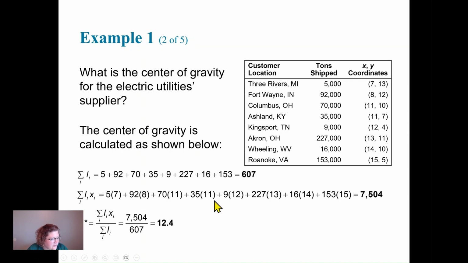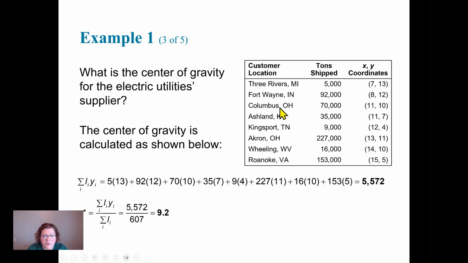We continue that for all of our different customer locations, and then we ultimately sum those together at the end, 7,504. We'll then do our x star calculation, which is the x coordinate of our center of gravity. That's 7,504 divided by the sum of our total loads, 607. That ultimately gets us to 12.4 as an X star location.